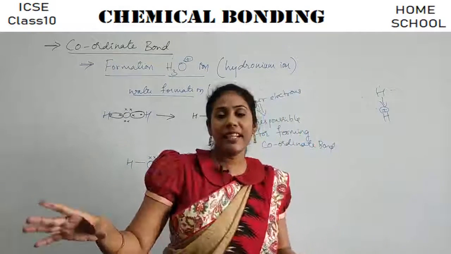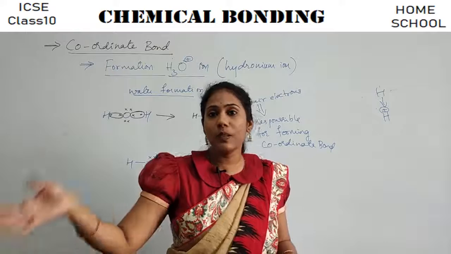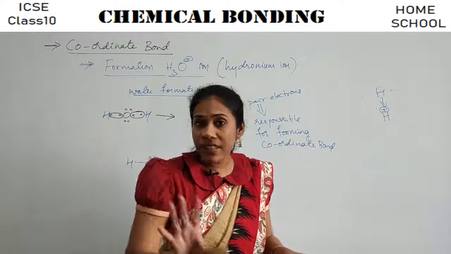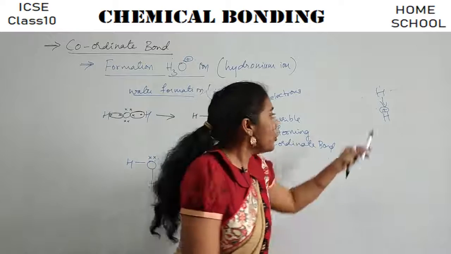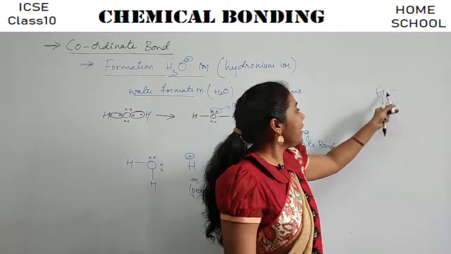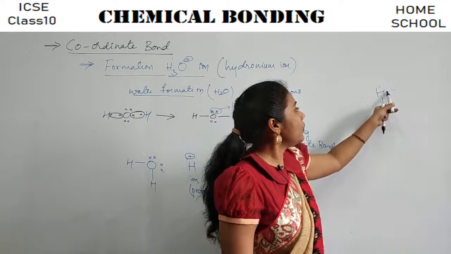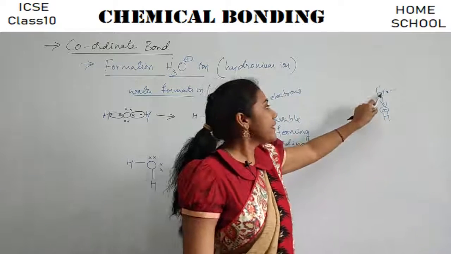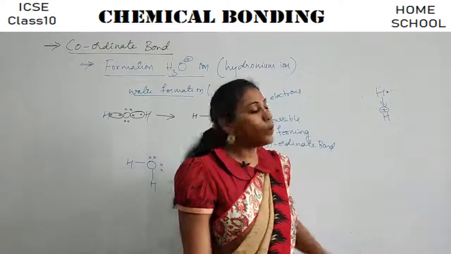If it loses one electron, 1 plus, losing 2 electrons, plus 2, losing 3 electrons, plus 3. All these things we discussed in ionic bonding, isn't it? So if hydrogen loses its outermost electron by some process, this hydrogen atom gets converted into H plus.